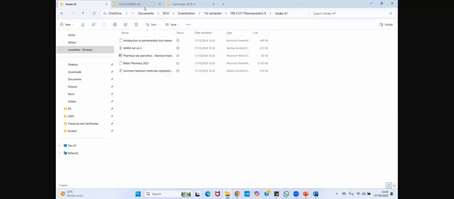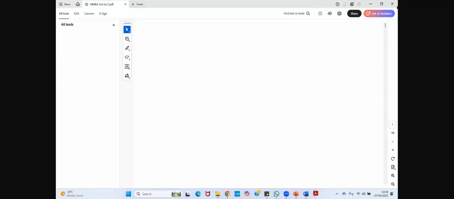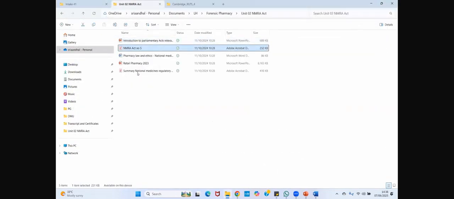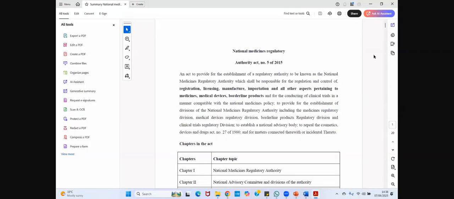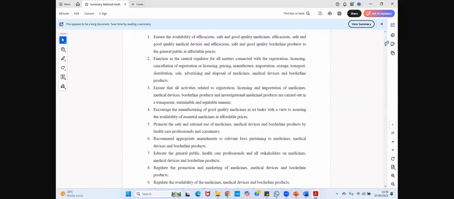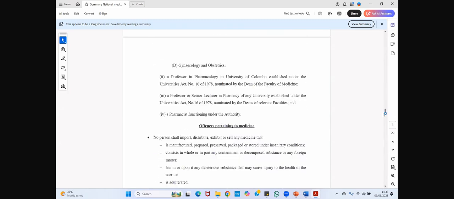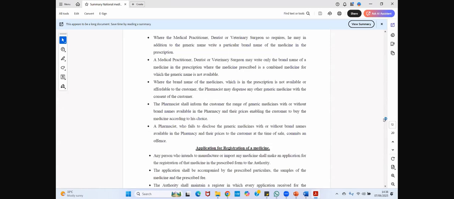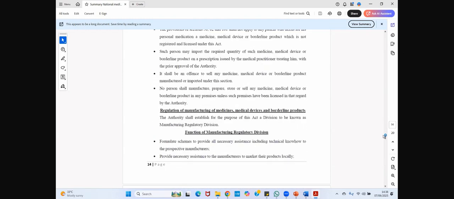So here I have given you the summary, right? So yeah, before you go to the exam, the summary is 20 pages. So it contains all the details about medicines evaluation on offenses, application for registering medicine, cancellation, right?